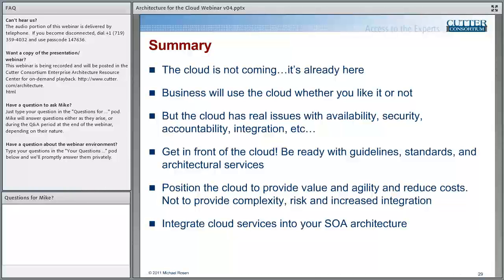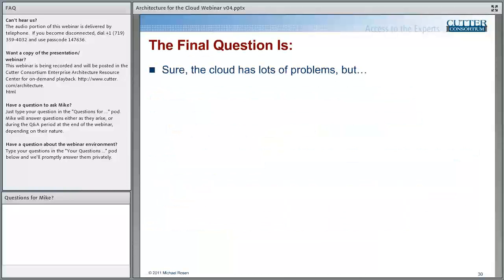As architects, we need to get in front of this so that we're ready with guidelines and standards and services, and we can help the business choose the right cloud services so that positioning the cloud provides value and agility and reduces costs as opposed to providing complexity and risk and increased integration.